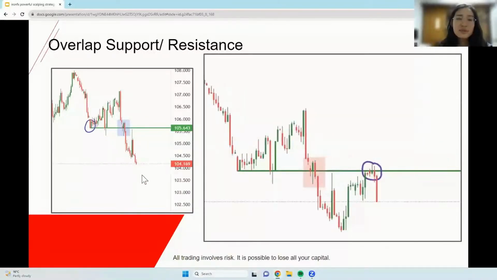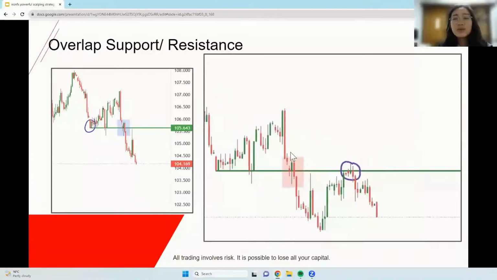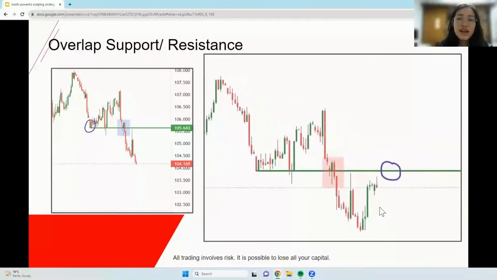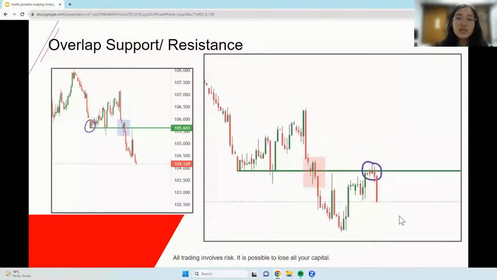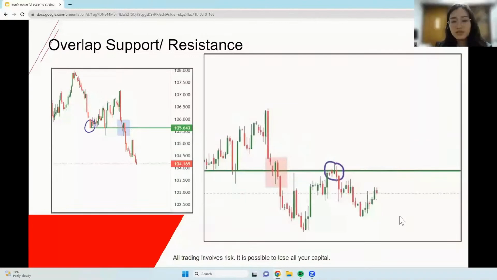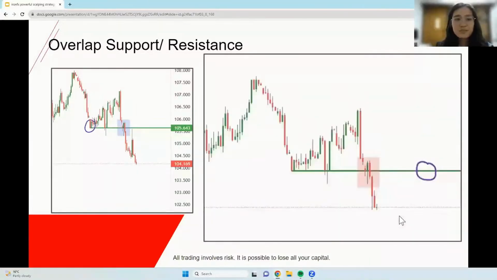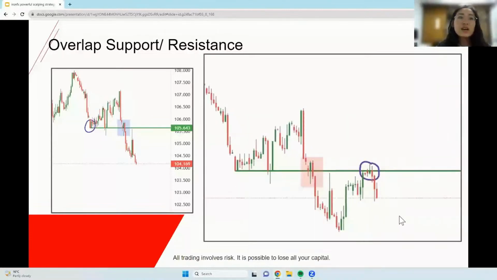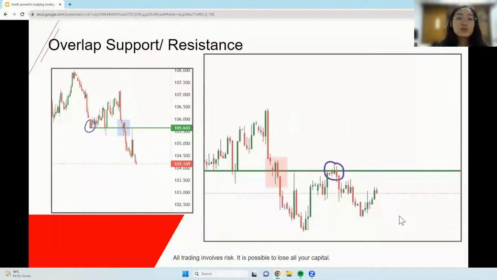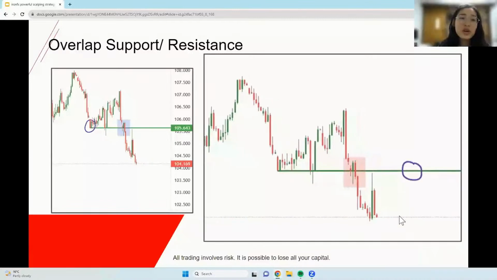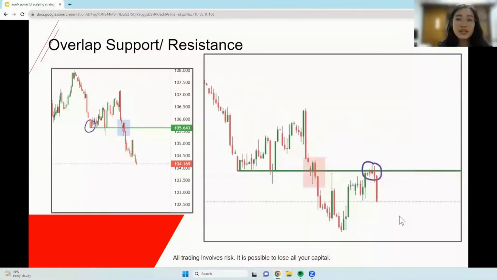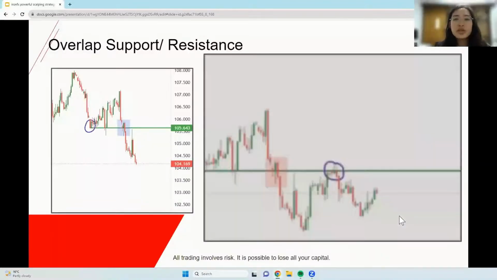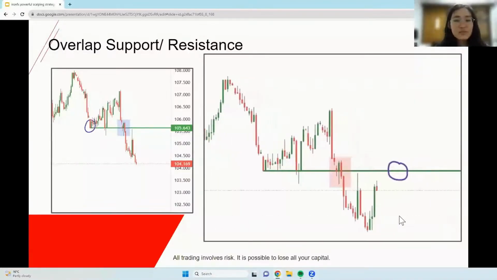So it's surpassed it, we're expecting price to pull back to it, and once price pulls back to it, as we see in this GIF, and reverses off of it, it then becomes an overlap level instead. So the difference between pullback and overlap is that once price reverses off of the level, then it becomes an overlap level. Whereas for pullback, we're just looking for price to surpass it.